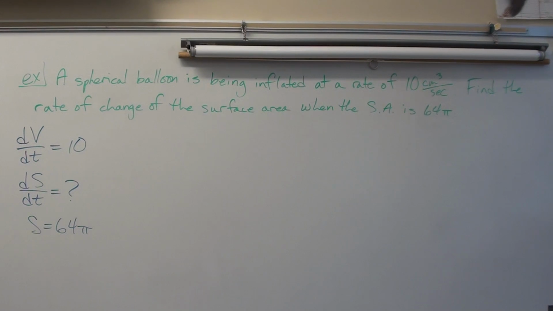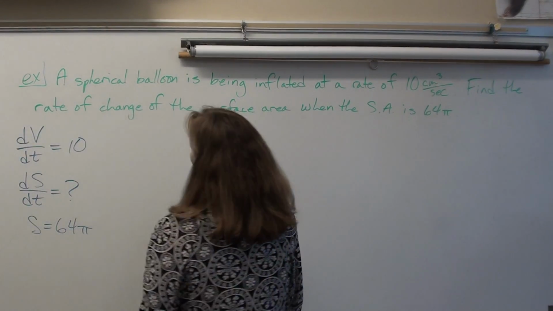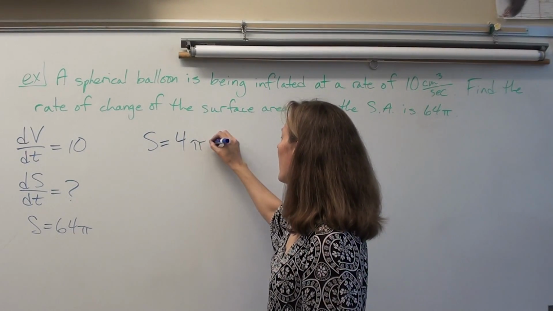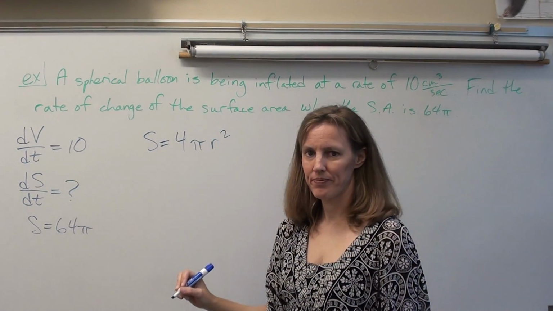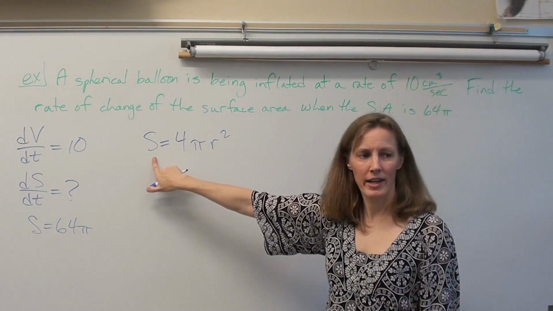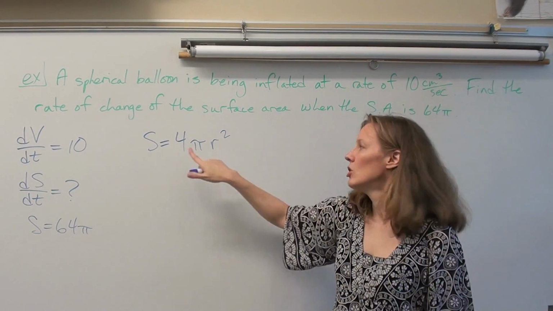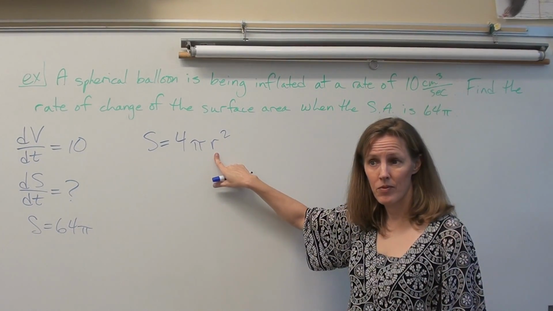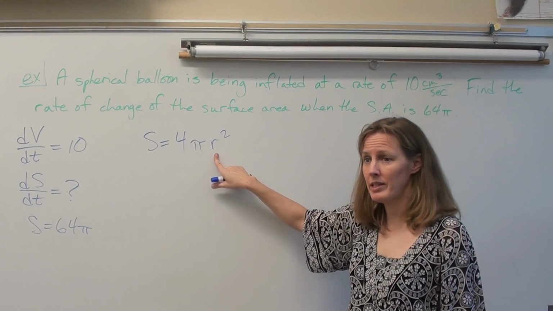So what would be a decent equation to use for this? Surface area of a sphere, right? Which is like 4/3 something. Close. 4 pi r squared. We want dS/dt. Do we know or want dr/dt? We don't know it and we don't want to know it, right?